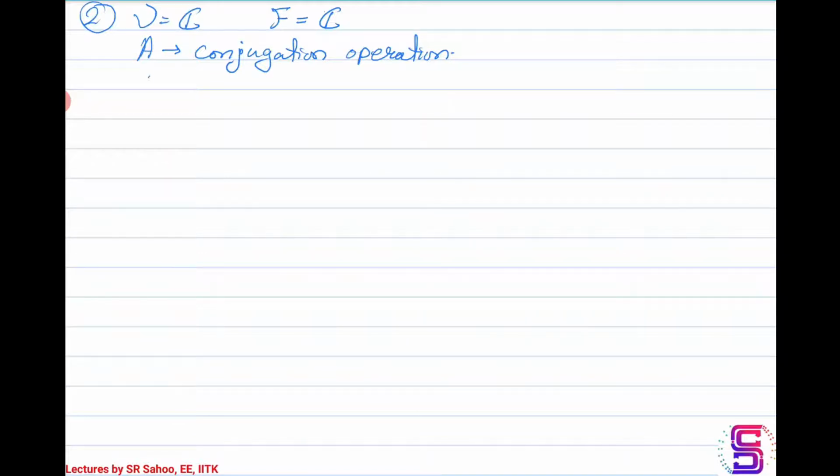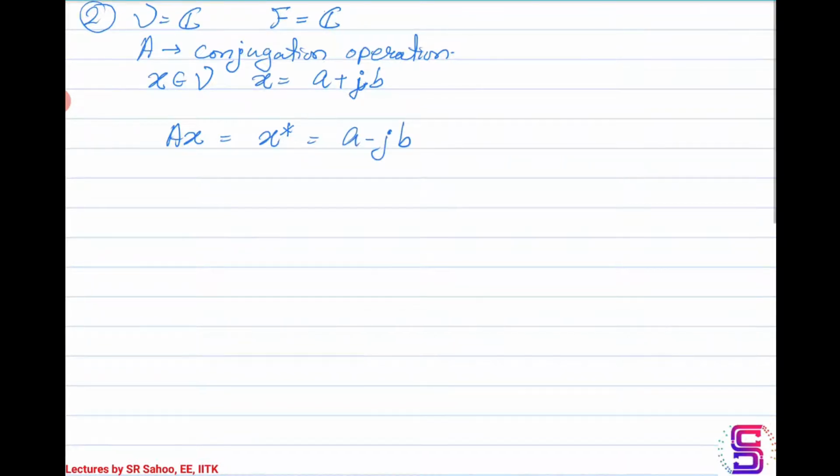So if we take any vector in this vector space, I can express it as, let's say, a plus jb, where j is the imaginary unit. Now when I say Ax, because it's a conjugation operation, I can represent it as x star, which is a minus jb.